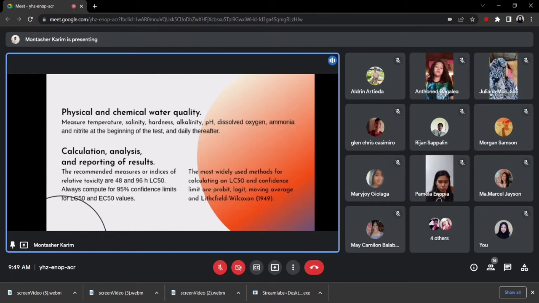The most widely used methods for calculating lethal concentration and confidence limit are probit and logit, moving average, and Litchfield-Wilcoxon.